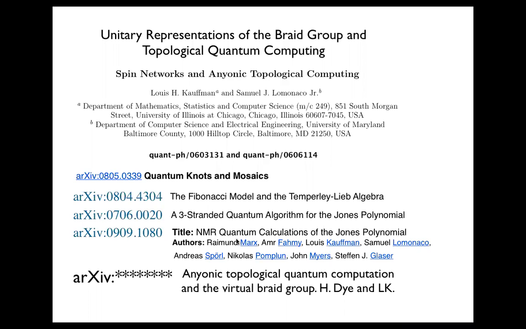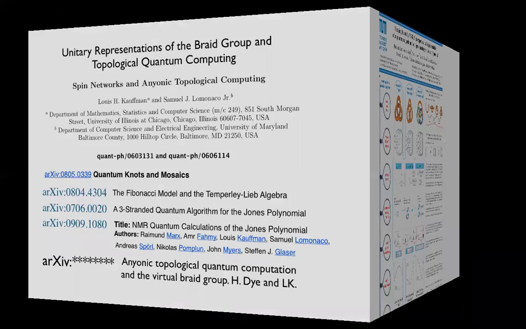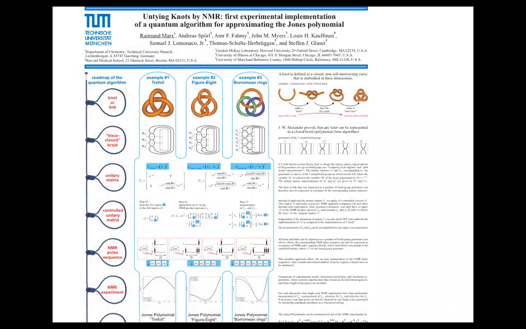NMR methods are limited to a very small number of qubits, and so the quantum computers that the world wants are probably not going to come out of NMR, but they really are quantum computing in the form that one would like to have. This was a poster from that situation.